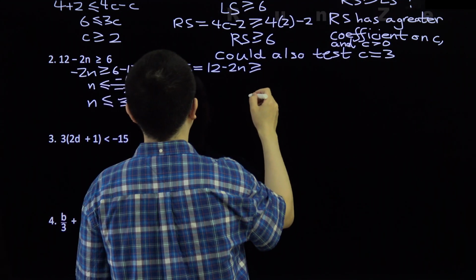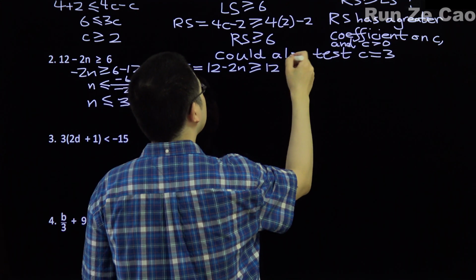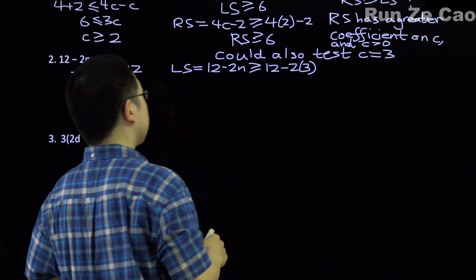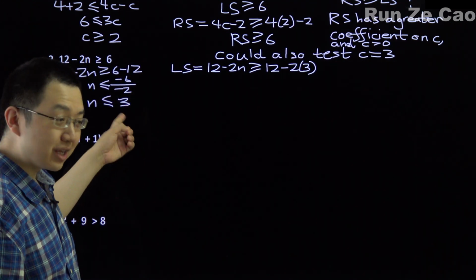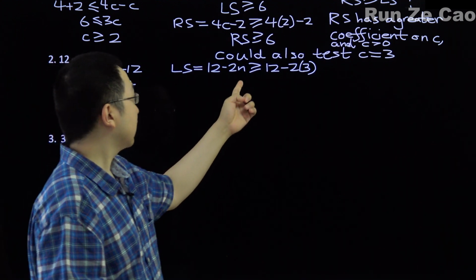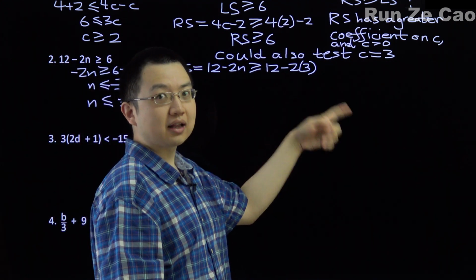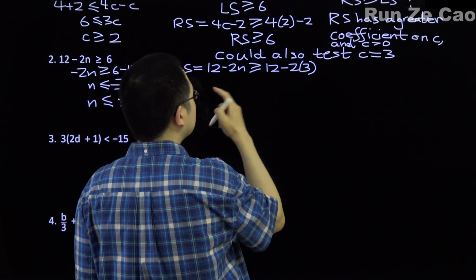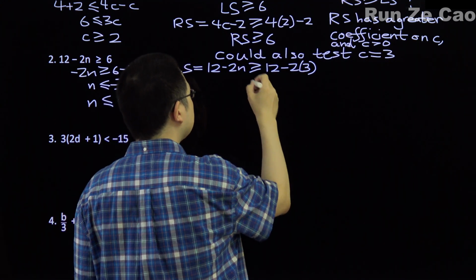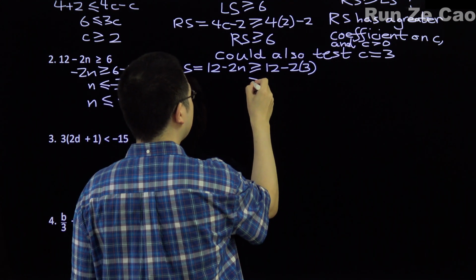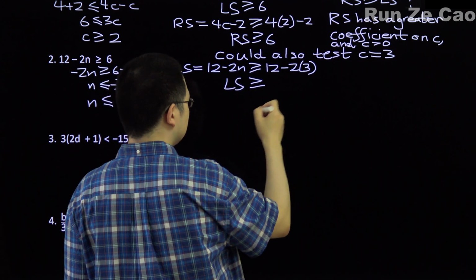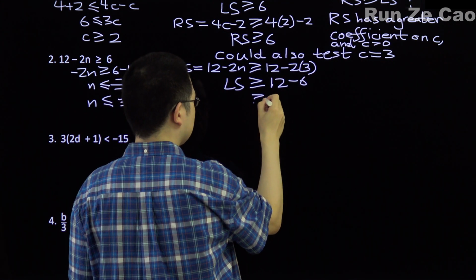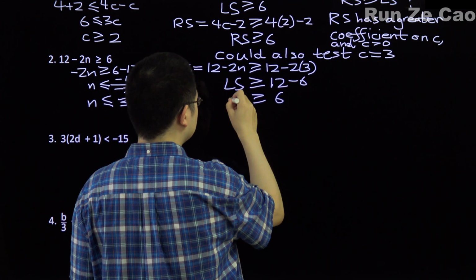So it's greater than or equal to 12 minus 2 times 3. Because we're subtracting something less than or equal to 3, the result is going to be bigger than or equal to just subtracting the appropriate multiple of 3. So it's greater than or equal to 12 minus 6.